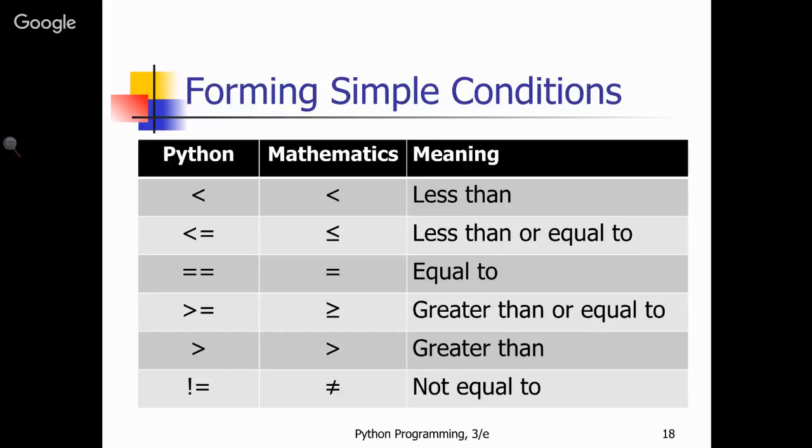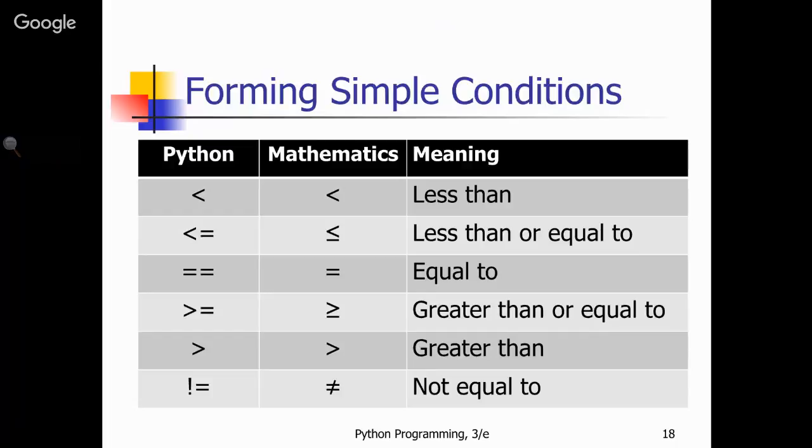But if I wanted to include it, I would say greater than or equal, and now my condition will check. So this is important because of the logic, right? The logic would be different based on whether you use greater than or greater than or equal.